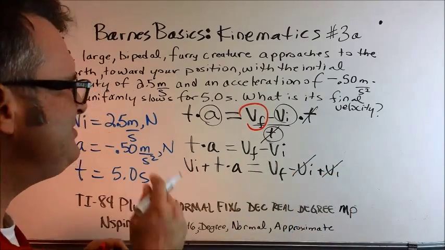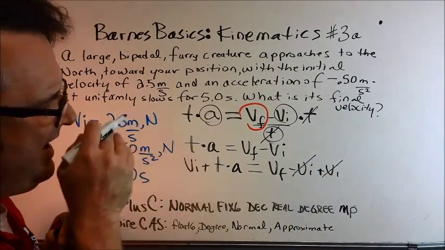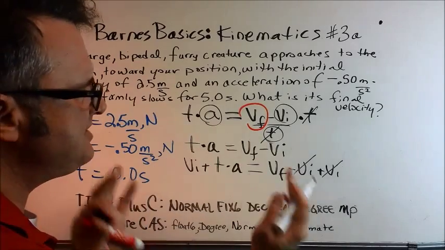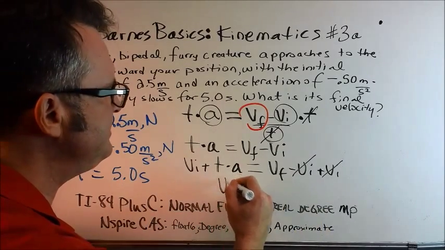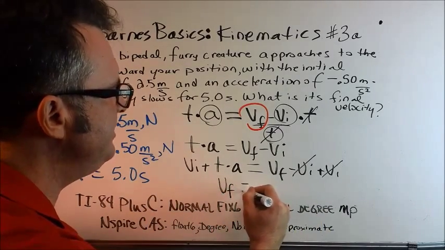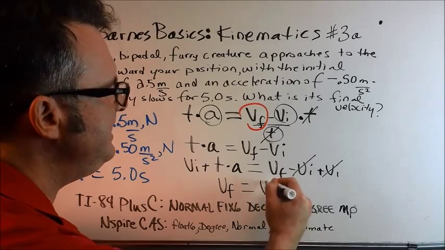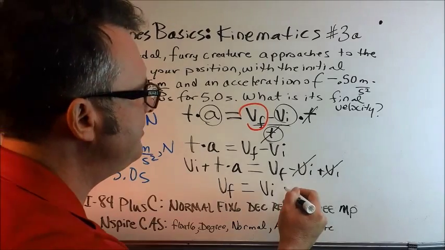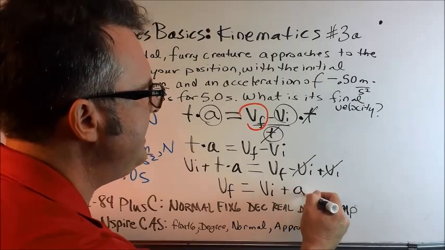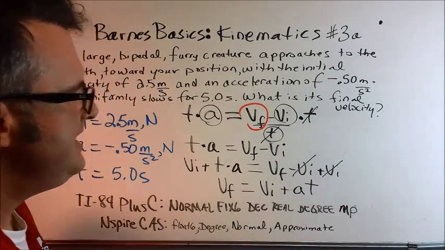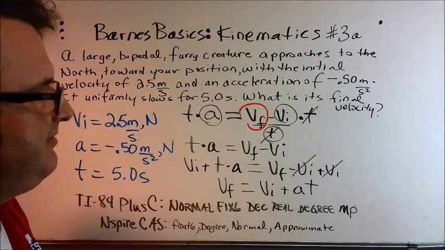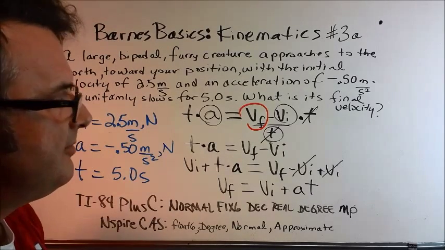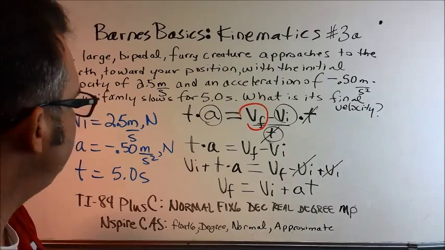And then I usually like to have my variable on the left, so I might just flip this around. I might just say VF is equal to VI, and if we go alphabetical in order, we could say plus A times T. And in the end, that is in fact the formula that we wind up using in this problem.